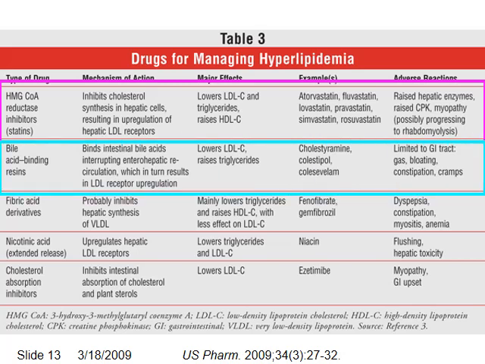Now, the second group of drugs used to treat hyperlipidemias are bile acid binding resins, or sometimes they're called the bile acid sequestering agents. And what these drugs do is that they bind to intestinal bile acids, and they keep them in the intestine, interrupting the enterohepatic recycling that would otherwise have occurred.